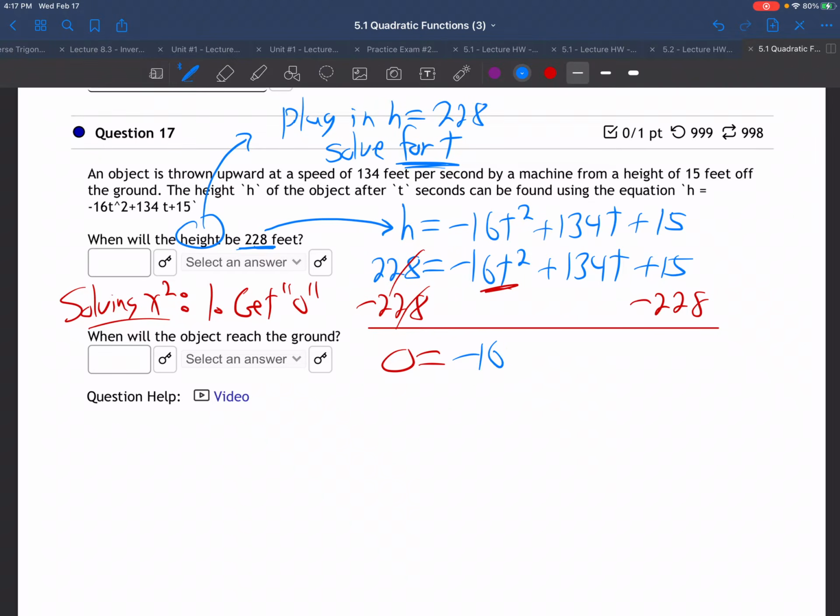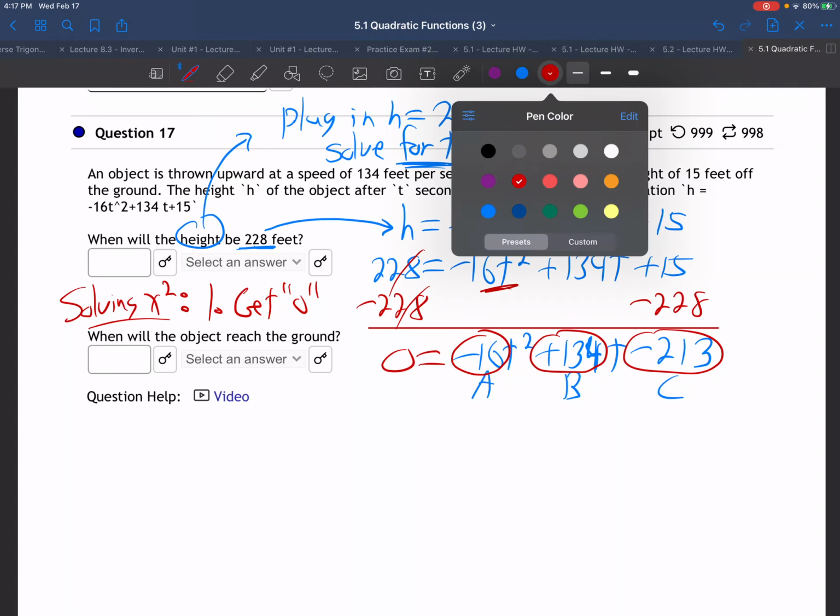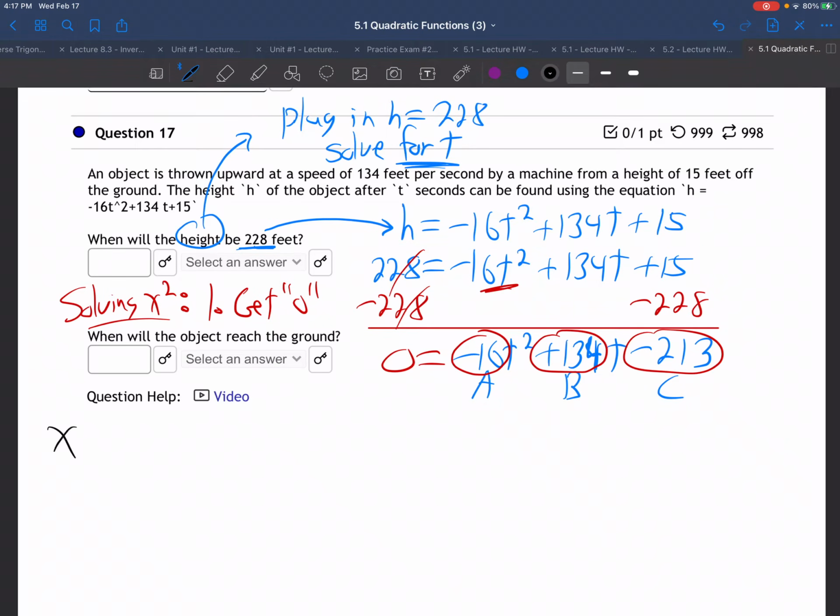It'll give me minus 16t squared plus 134t. And then what's 15 minus 228? I think it's minus 213. Right. And then you identify this as A, B, and C. And you plug on in to the quadratic formula. That's step 2.